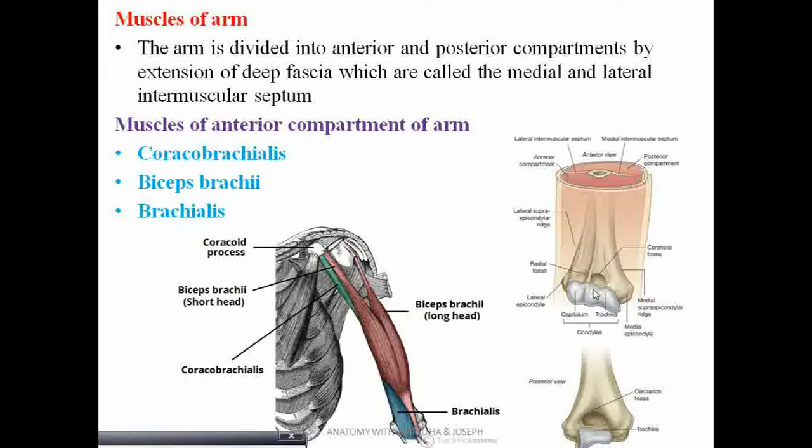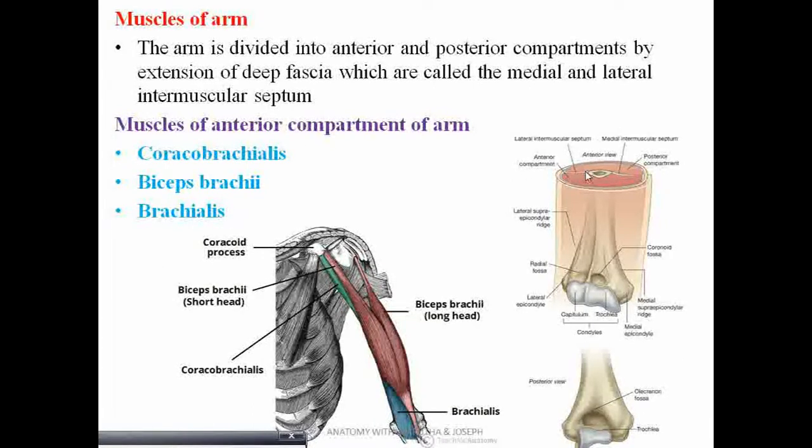Now let's see the muscles of the arm. The arm is divided into anterior and posterior compartments by extensions of deep fascia, which are called the medial and lateral intermuscular septa. In the cross section of the arm, where the humerus can be seen, the deep fascia surrounding the muscles sends septa from either side, from the medial aspect and from the lateral aspect.